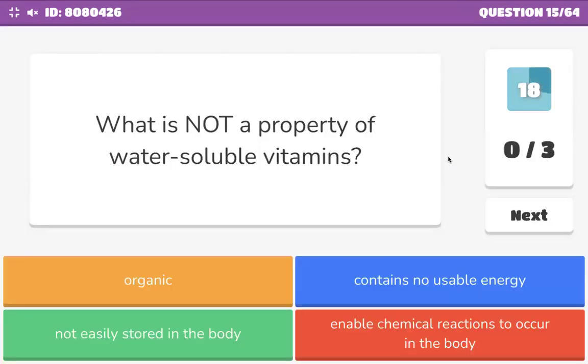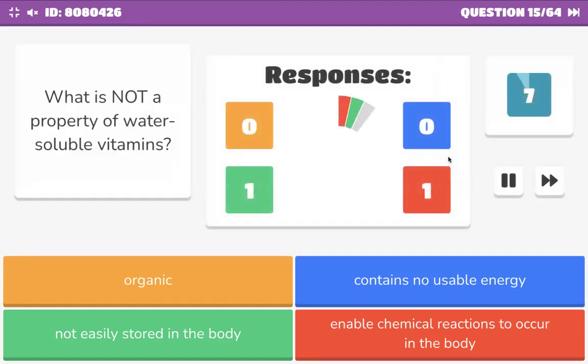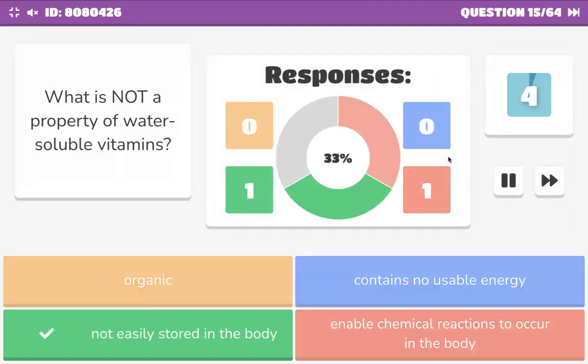What is not a property of water-soluble vitamins? Not easily stored in the body.